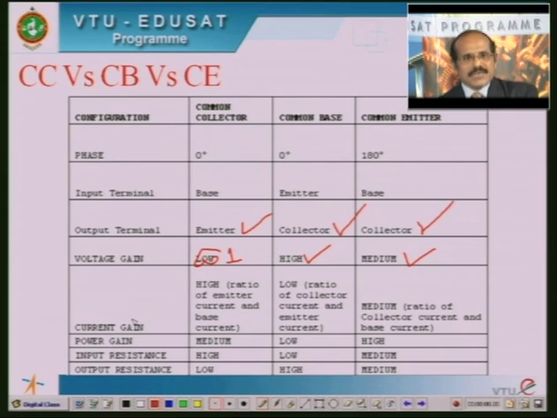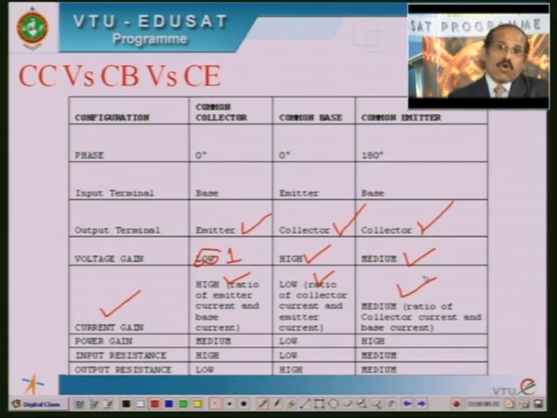Current gain is very high in common collector, very low in common base, whereas common emitter has moderate, in between that of common collector and common base.